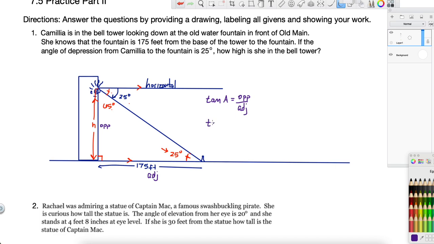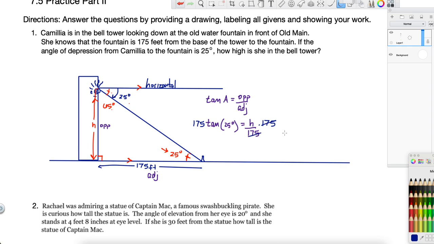And we have the angle. We're calling the opposite H, and the adjacent is 175. So we're dividing 175 into H, and we want to isolate it. So we undo the division by multiplying both sides by 175.